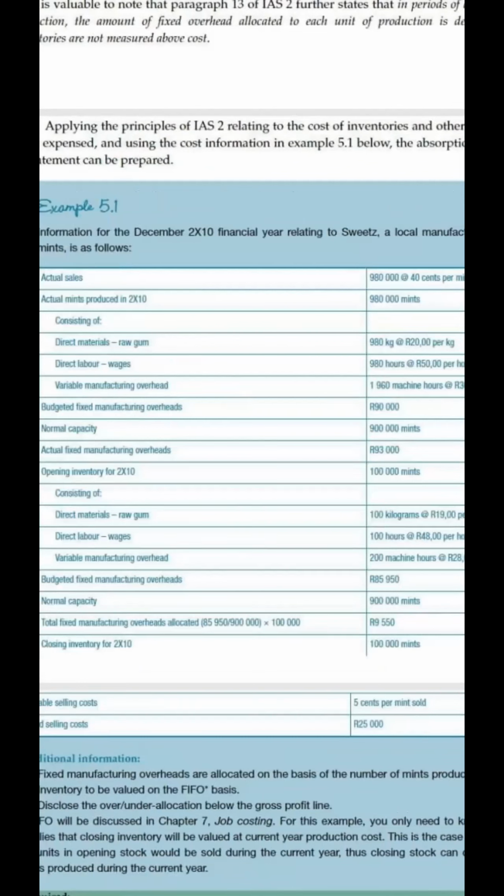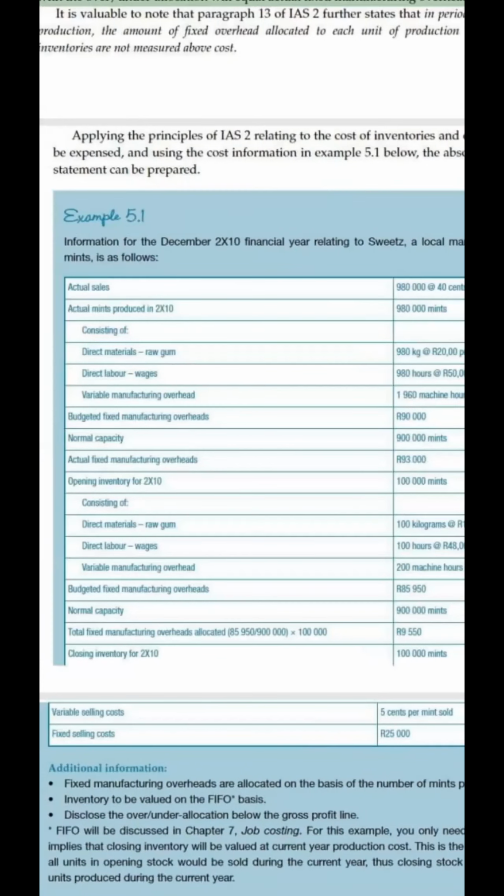So the other thing that you should also establish in a question is how many products are you dealing with? That's the other thing that you should check. How many products are you going to be dealing with? So you need to check that one out there. All right, so the actual means that were produced in 2010, as it were, is 980,000 means there.